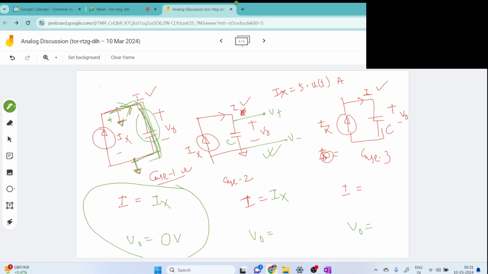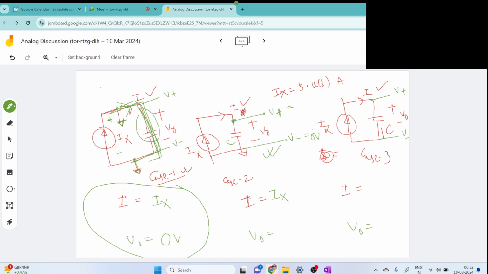V minus is grounded. Then V plus is the voltage across the capacitor. This node is fixed, so this is 0 volt.